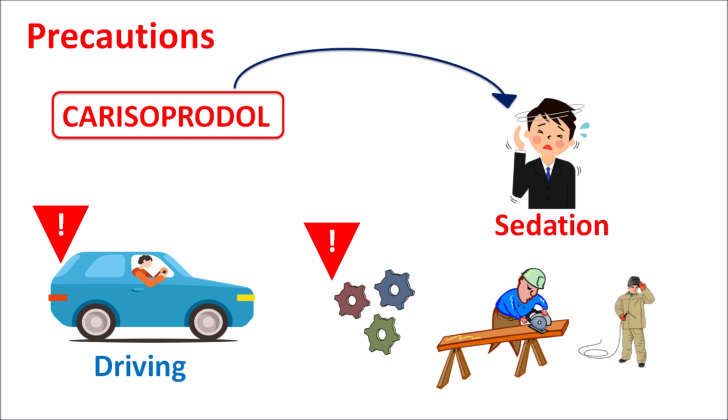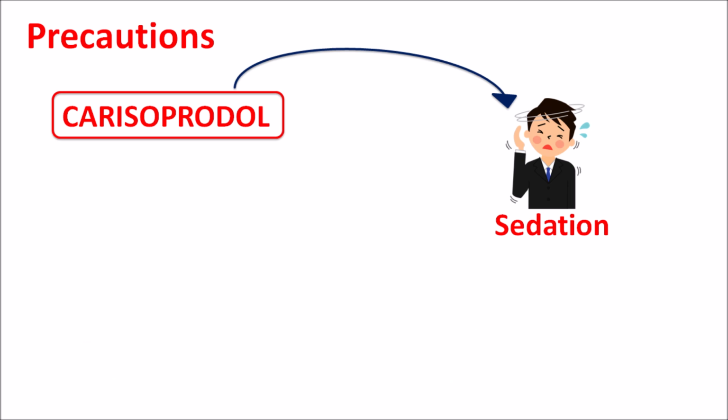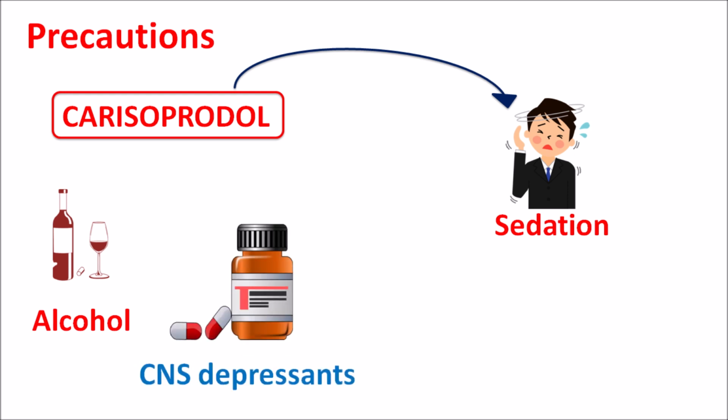Because of drowsiness, it can produce some accidents during driving as well as working with machinery. And particularly this sedation is further increased by co-administration with alcohol, because alcohol again produces CNS depression. Similarly, CNS depressants such as opioids and benzodiazepines can further increase the sedation when they are given along with Carisoprodol. So, Carisoprodol should be carefully given along with other CNS depressants.